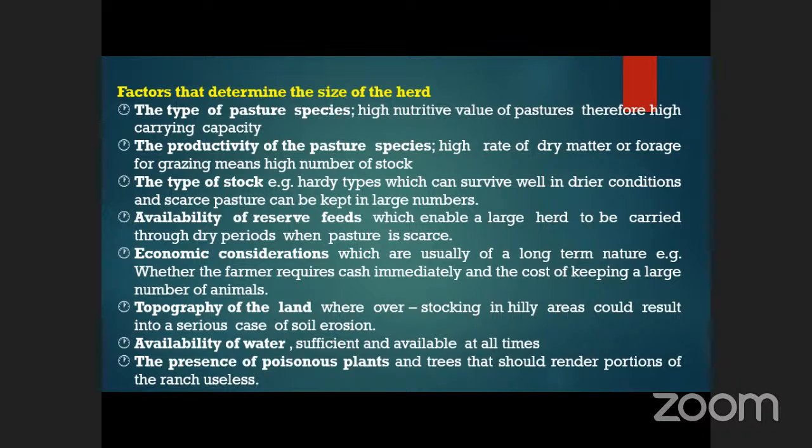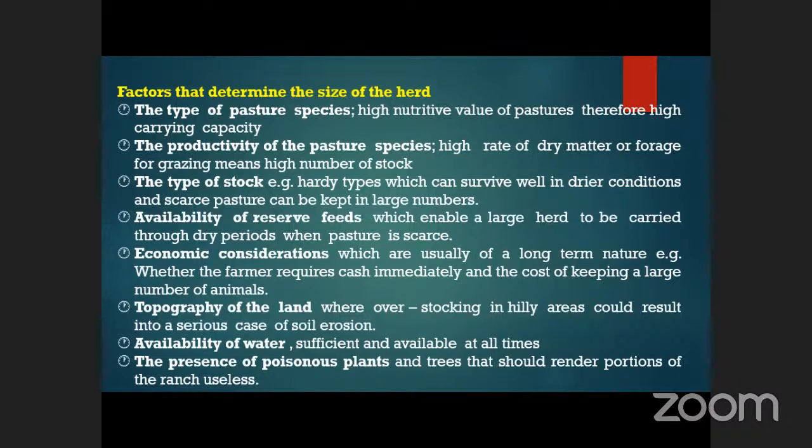Availability of reserve feeds which enable a large herd to be carried through dry periods when pasture is scarce. Economic considerations which are usually of a long-term nature, e.g., whether the farmer requires cash immediately and the cost of keeping a large number of animals.